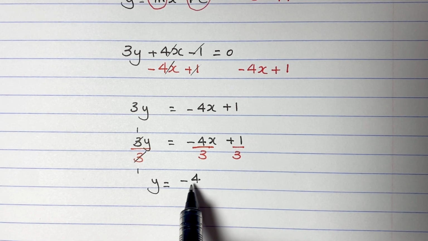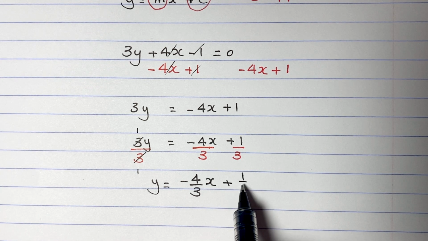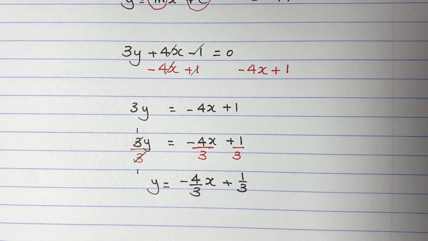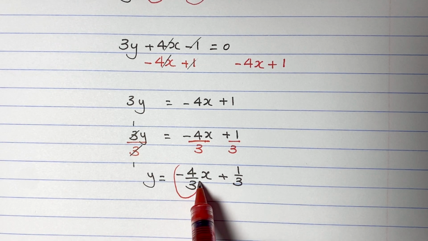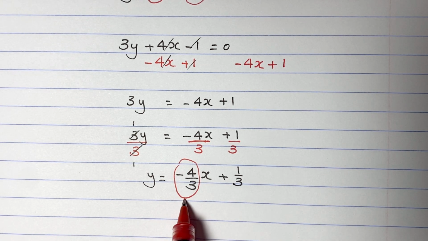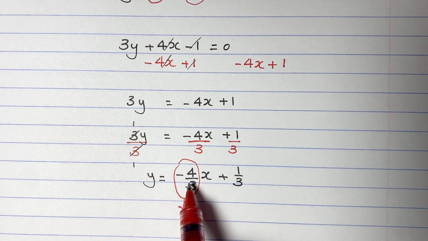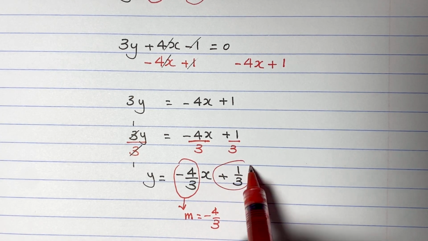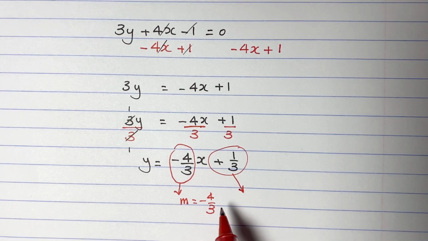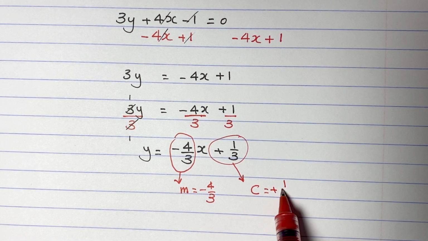That would be minus 4/3 of x plus 1/3. Now we can spot the m. The m is the value which is multiplied by x. The fraction minus 4/3 is being multiplied by x, so my m is minus 4/3. And my c, the intercept on the y-axis, is plus 1/3.